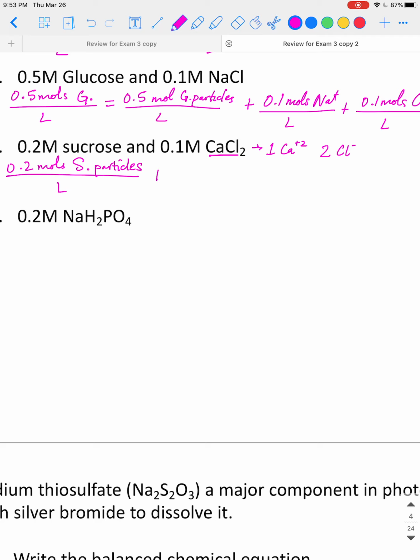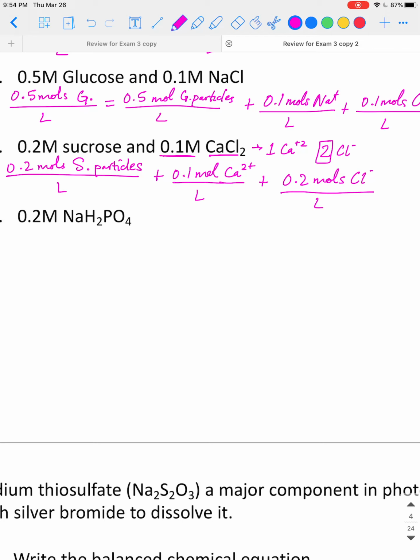So we'll say plus, if I have 0.1 molar calcium chloride, I'll have 0.1 moles per liter of calcium cations, plus, now because I'll get 2 anions out of every 1 molecule, I have to double the number of moles of chloride anions. So instead of 0.1 this time, it would be 0.2 moles of Cl minus particles per liter.